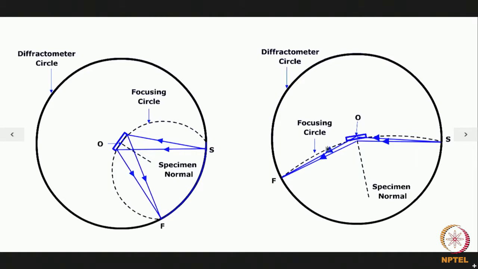The size of the focusing circle will depend on the value of theta. For a smaller value of theta, the focusing circle will be bigger. For a higher value of theta, it will be smaller, and the center of that focusing circle lies on the specimen normal. So, this is the arrangement for recording the diffracted patterns in the forward direction, and this is the kind of arrangement we have for recording in the backward direction.